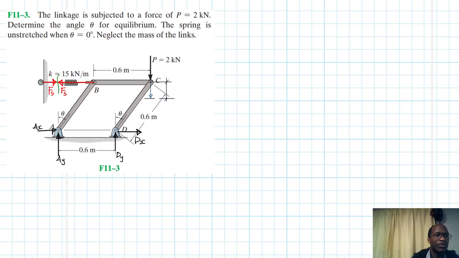It means the configuration of the system will be something like this. I'll have something like this, and then something like that, and something like that.